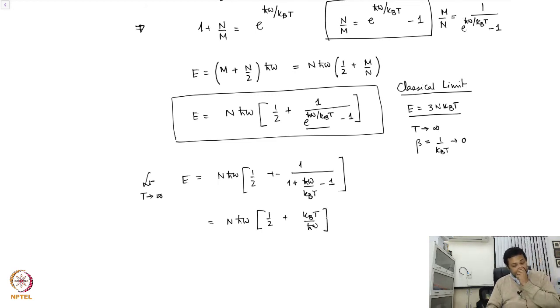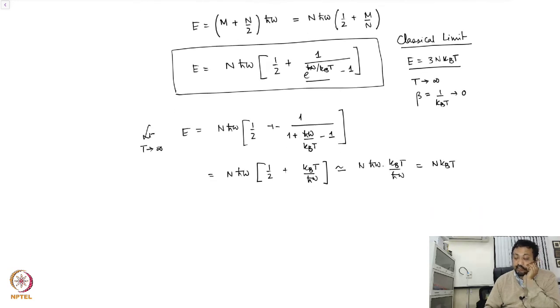Since my kBT is very large compared to this factor of half, this is going to be N h bar omega times kBT over h bar omega, which gives me the result NkBT, which is precisely the result for this, because we are looking at only a one-dimensional system.